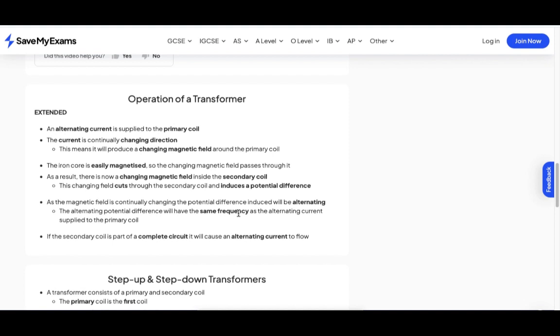If it does not produce a changing magnetic field, we cannot link it easily to the secondary side. So this is just the operation of a transformer. Once the field cuts across the windings at 90 degrees, an EMF will be induced, and that EMF is the voltage.